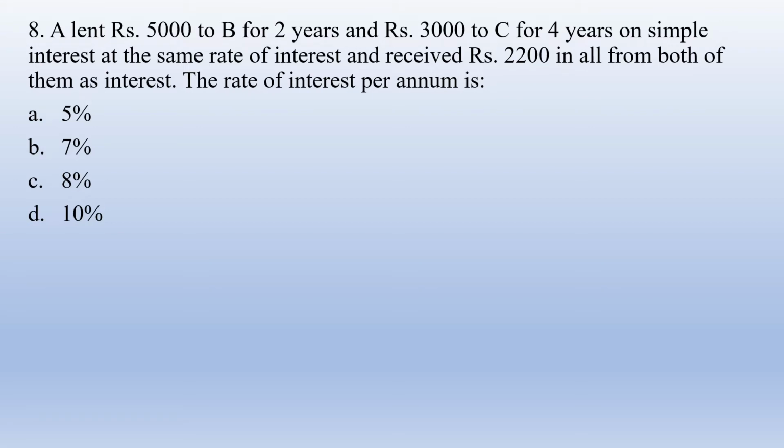The rate of interest per annum is option A 5%, option B 7%, option C 8%, option D 10%. So in this question, we have to find the rate of interest. So we'll assume the rate of interest is R per annum.